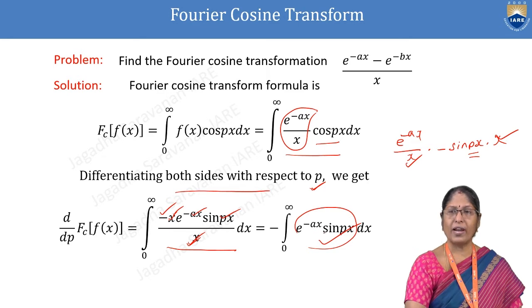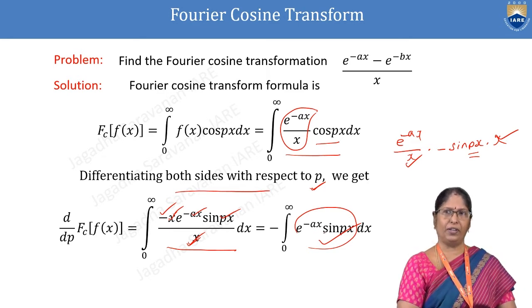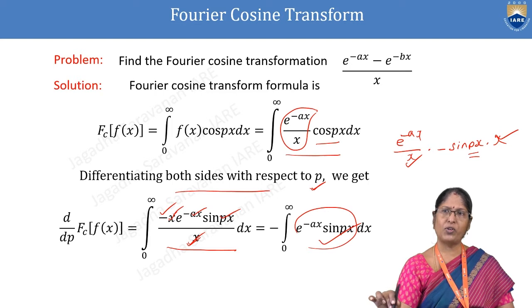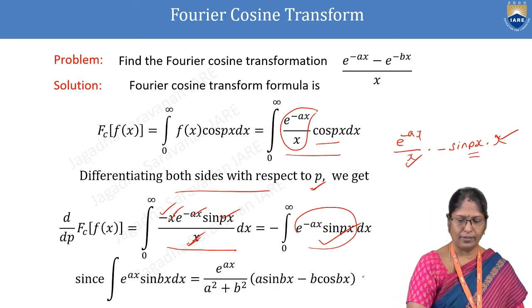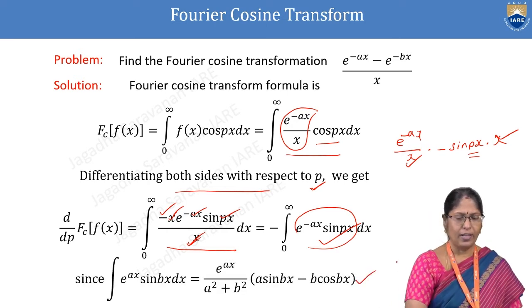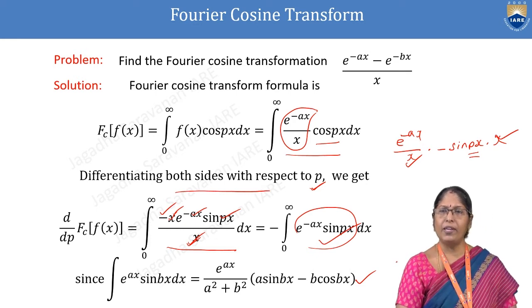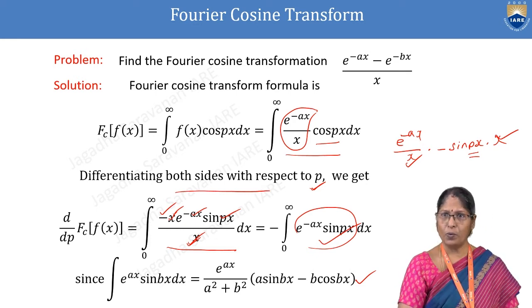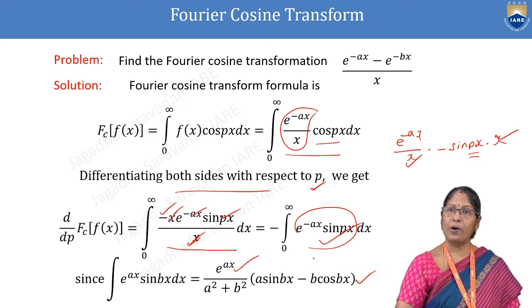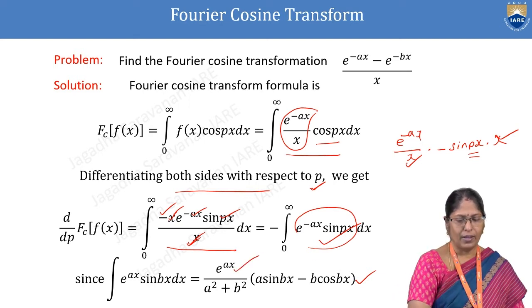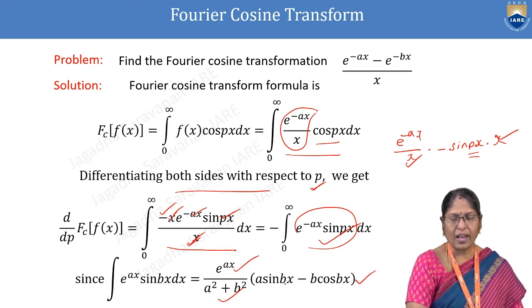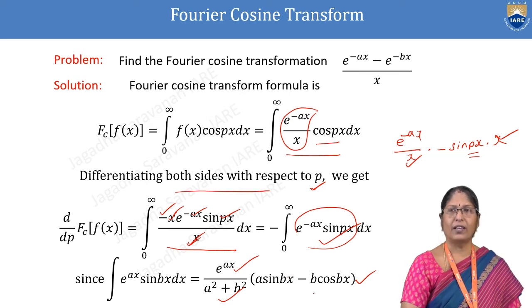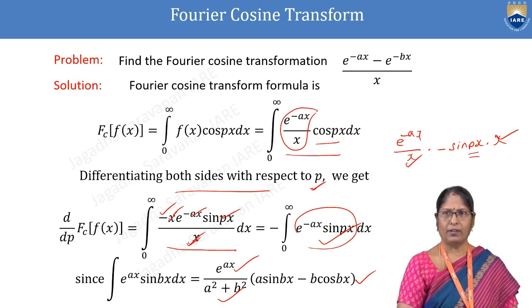Now e power minus ax into sin px dx. One is exponential, another one is a trigonometric function. The formula which is available is the integral of e power ax sin bx dx, which is equal to e power ax by a square plus b square into a sin bx minus b cos bx.